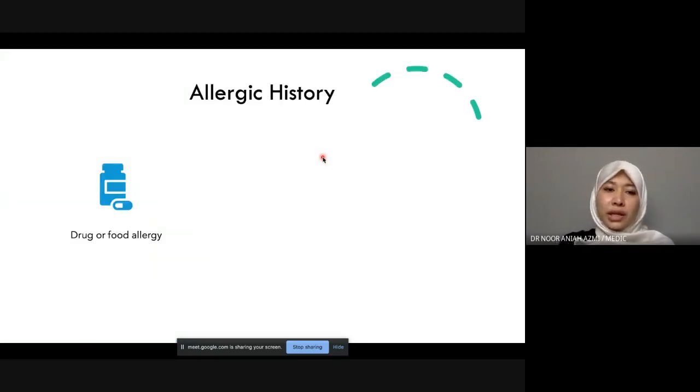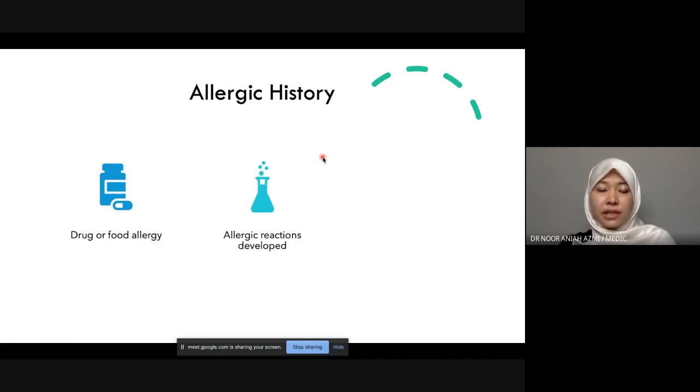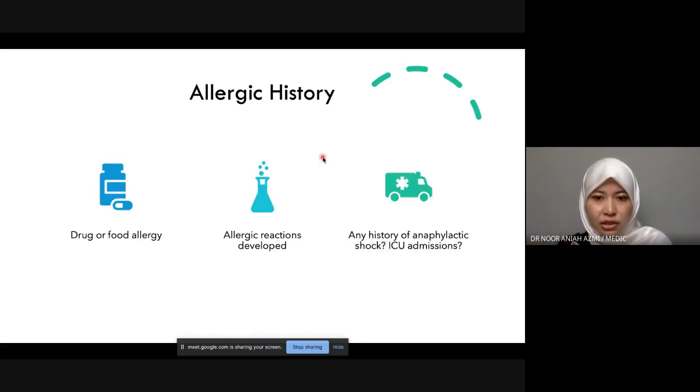All right, allergic history is also very important. We have to know what their drug and food allergies are. It determines which type of antibiotics we want to give. Or if they need to go for a scan, they might need to be covered with a high dose of steroids. And for those patients who have allergy, you have to ask them what allergic reactions they develop, because it gauges how severe the allergy is and whether there was any history of anaphylactic shock.